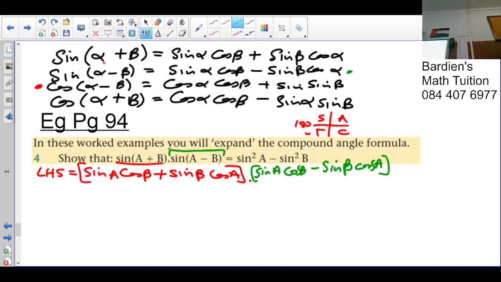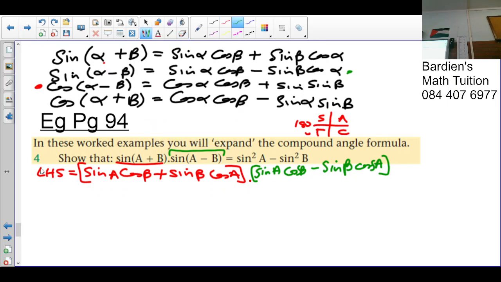So what you should be seeing here is the conjugate pair. Can you see that? Sin a cos b plus sin b cos a, and then we have sin a cos b minus sin b cos a. It's the same as saying x minus y times x plus y. So here I can just multiply the first and the last, which is x squared minus y squared. Not so? So let's apply that then.